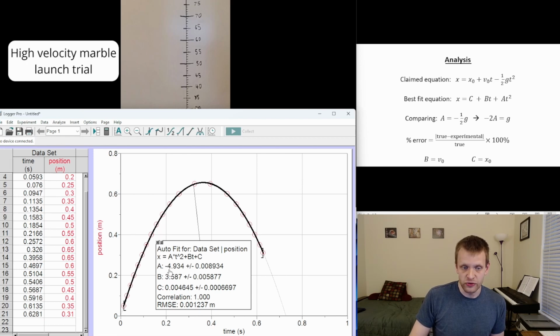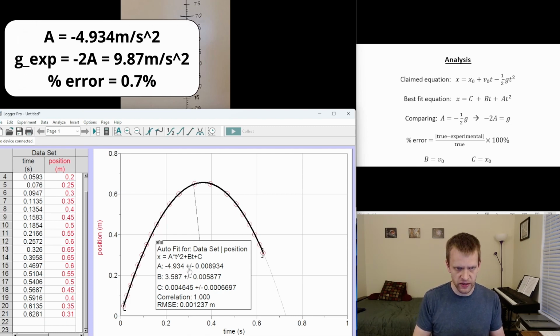What about the other values? We said our experimental value for little g should be the negative of twice this value, so 4.934 times 2. Again, cancel out the negative sign.